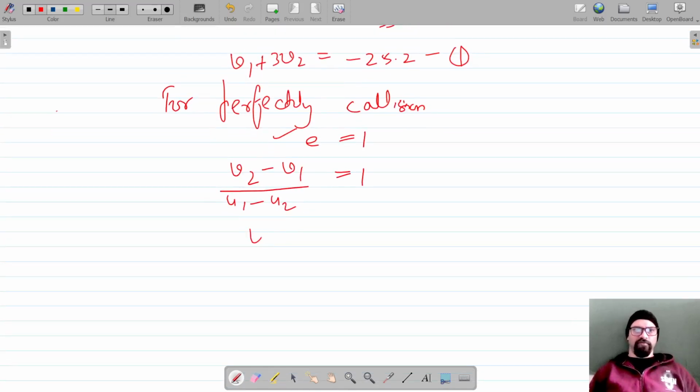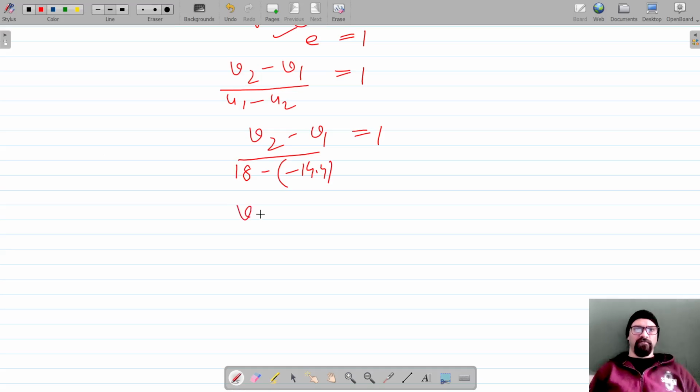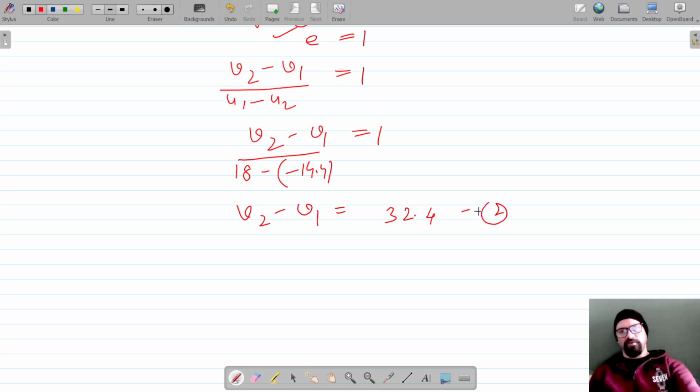So V2 minus V1, with U1 as 18 and U2 as negative 14.4, is equal to 1. So finally V2 minus V1 is equal to 18 plus 14.4, which is 32.4. This is our second equation.